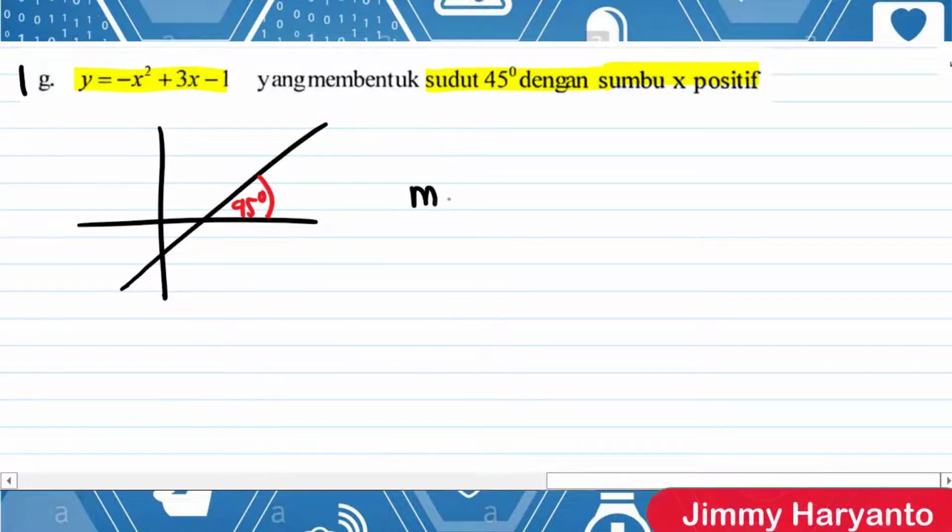So we can find the gradient of the tangent using tan 45 degrees. If you have an angle with the x-axis, that means you can find the gradient of the line. So the gradient of the tangent will be 1. Tan 45 degrees equals 1.